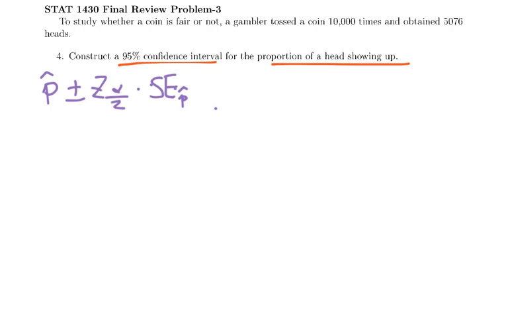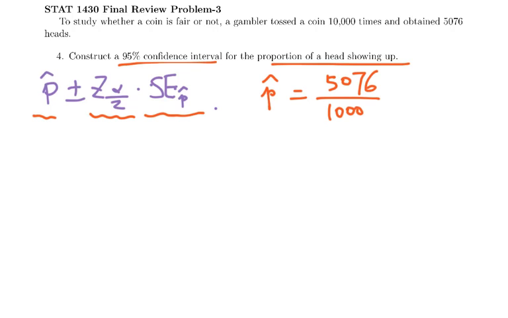So by the previous part, we know p hat is equal to 5076 divided by 10,000, and this is 0.5076. And alpha is equal to the significance level, 5%, that is 0.05, divided by 2 is equal to 0.025, so z sub 0.025 is 1.96.